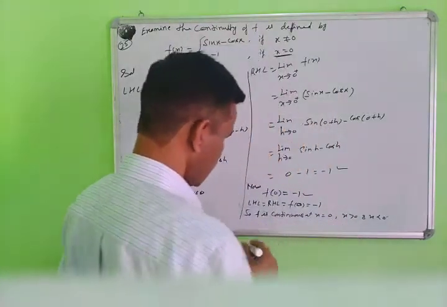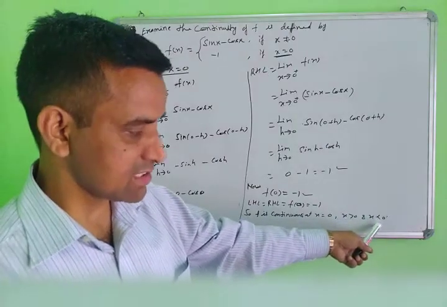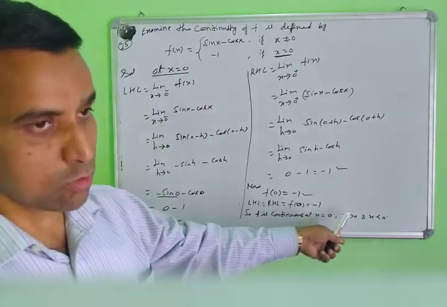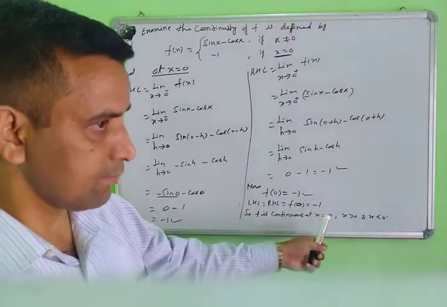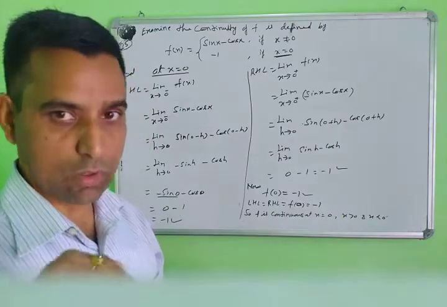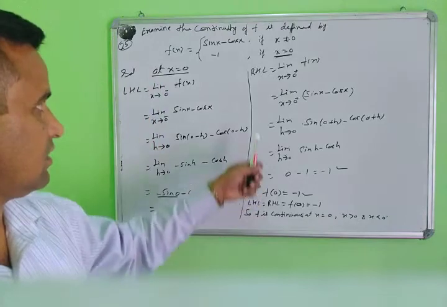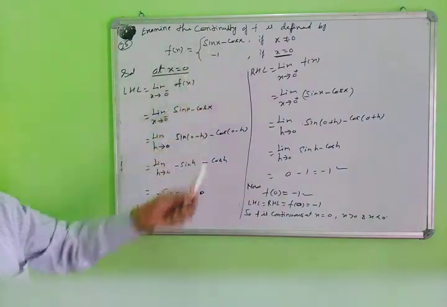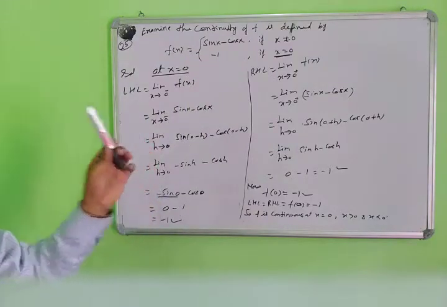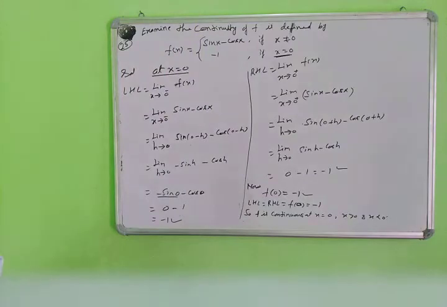So this function is continuous at every point, more than 0, less than 0 and at 0. This is a very simple question, and this type of question comes for 4 marks in the board exam. Now note it down.